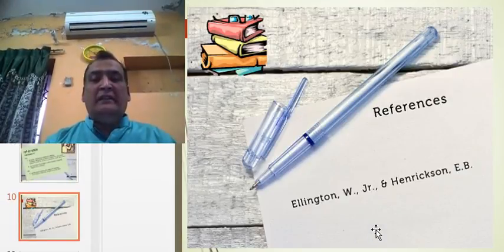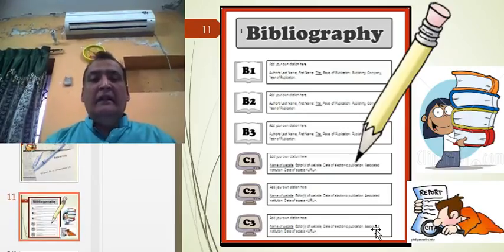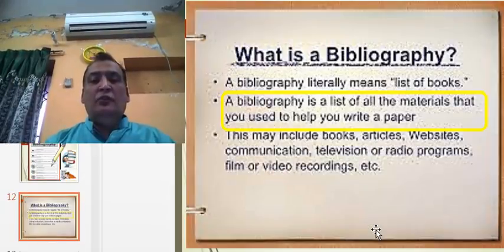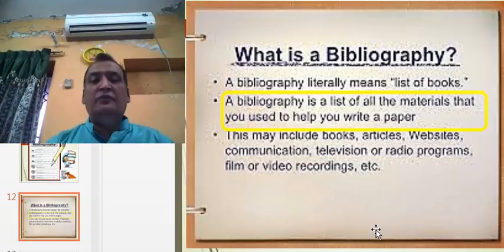This is known as citation or references. And at the end of that medical writing, the whole of these references in a tabulated manner is known as the bibliography. So bibliography is a list of all the materials that you use to help you write a paper.